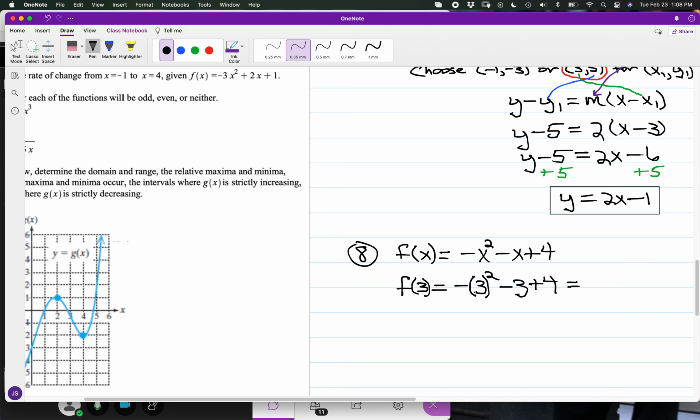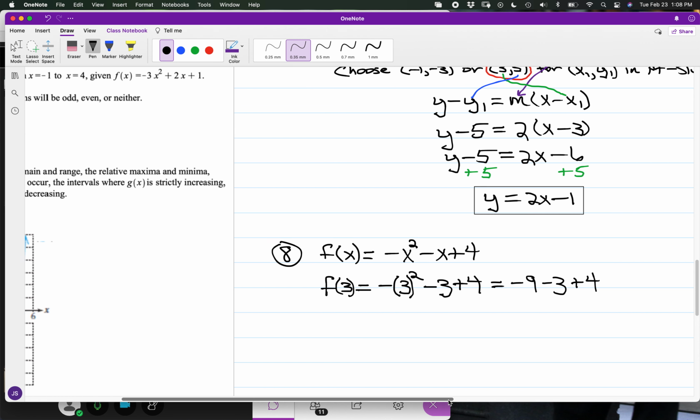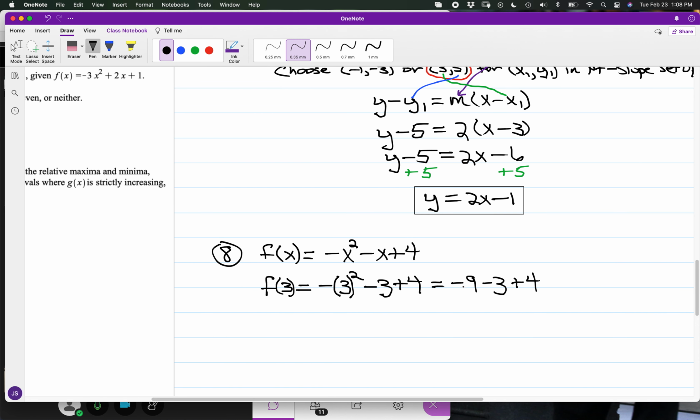So we have negative, and 3 squared is 9, and again minus 3 plus 4. And so we have -9 minus 3 is -12, and in turn -12 plus 4 is equal to -8.